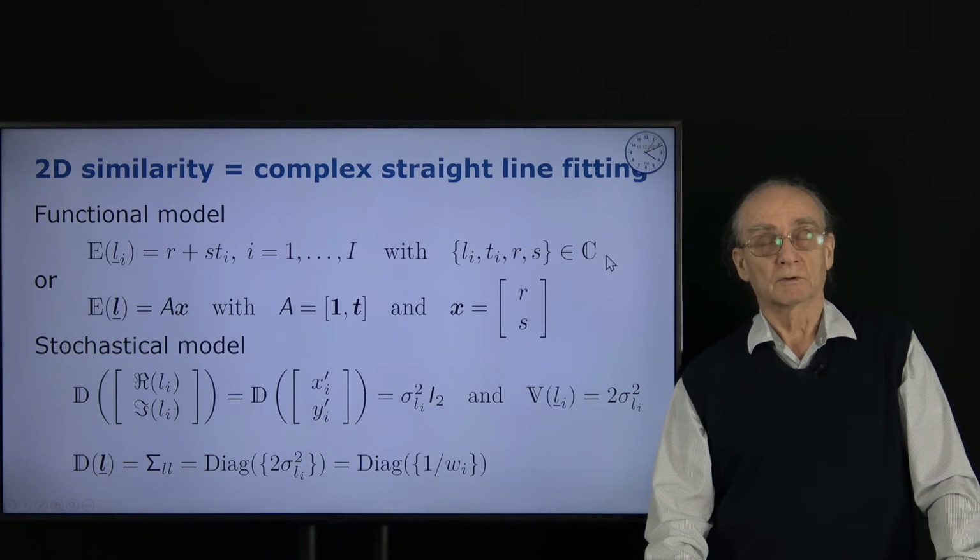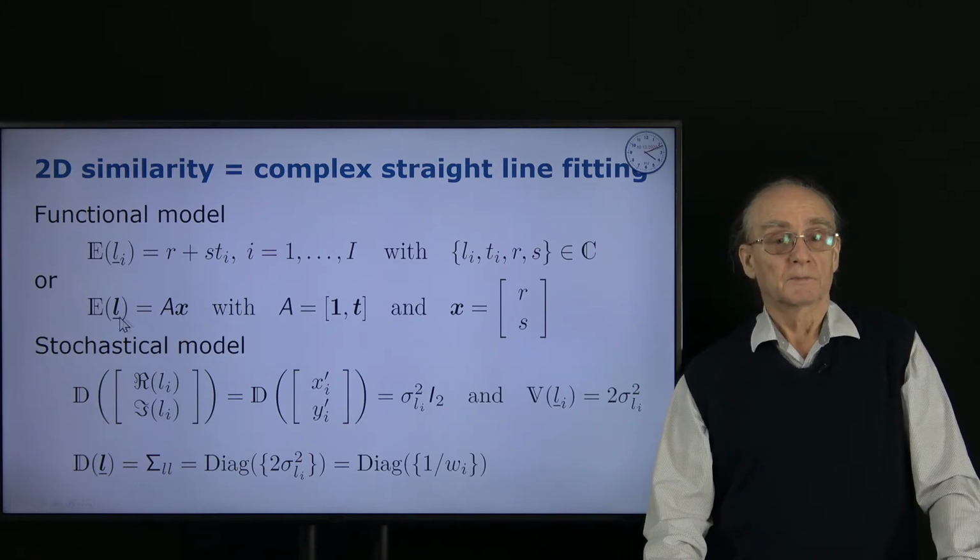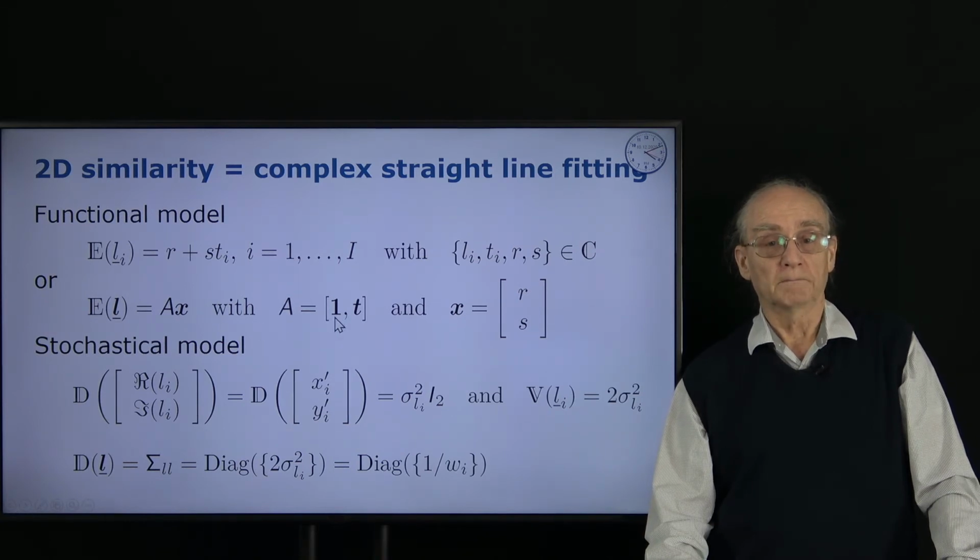That's the reason why I wrote down that these numbers are real values in the previous example. And the Gauss-Markov model now reads in the same way as before. So the coefficient matrix is 1, t. The 1s are anyway real numbers, and the t's are now complex numbers, namely the given coordinates.